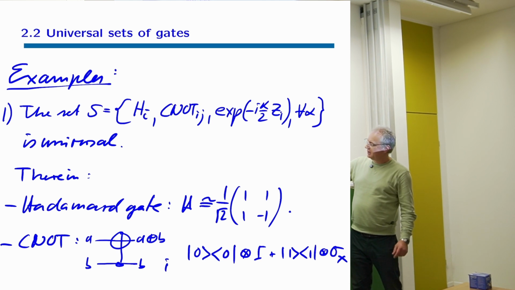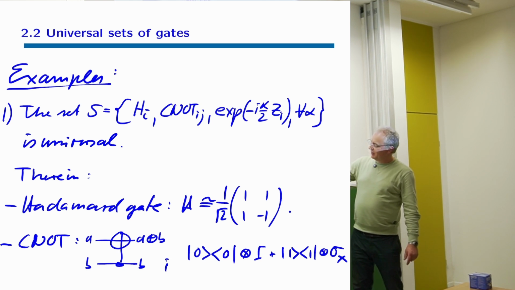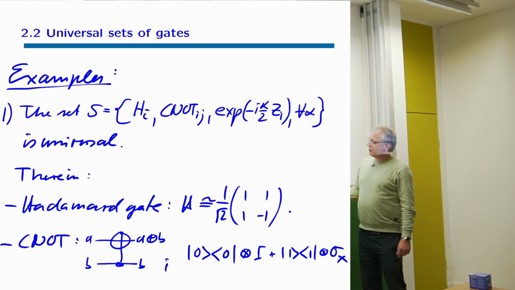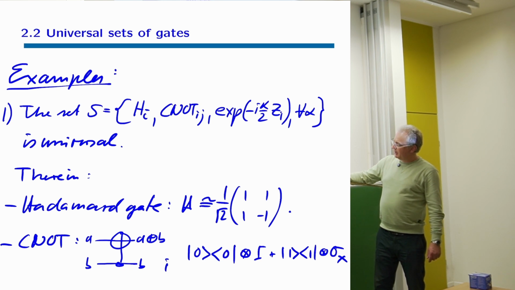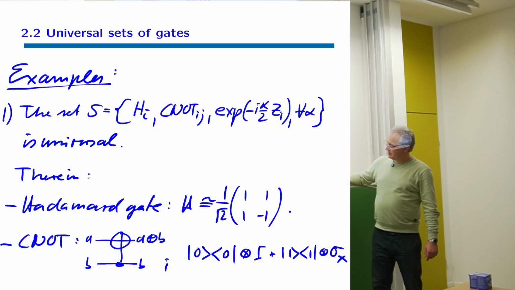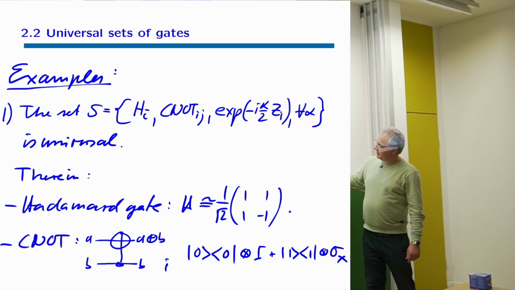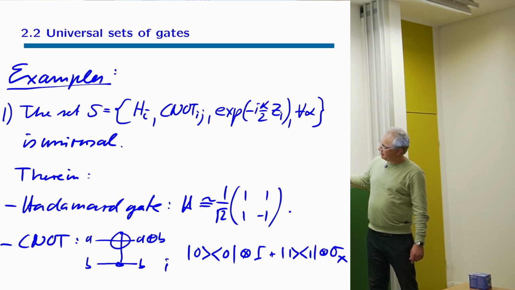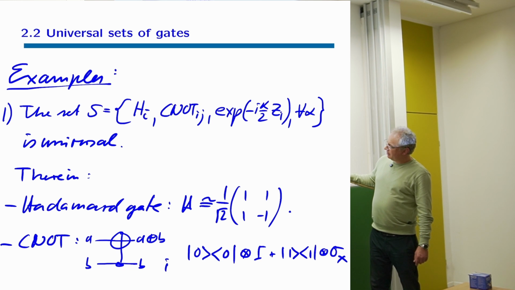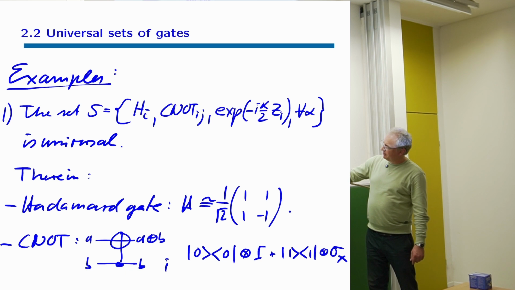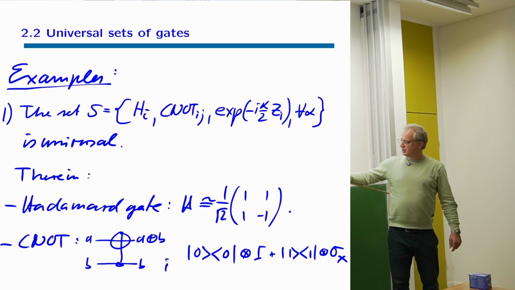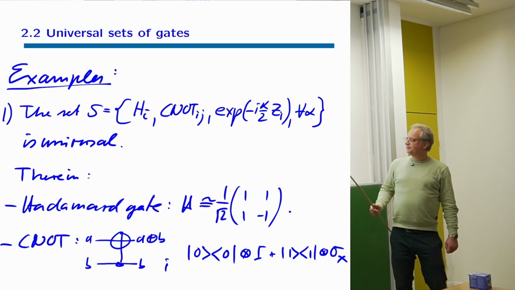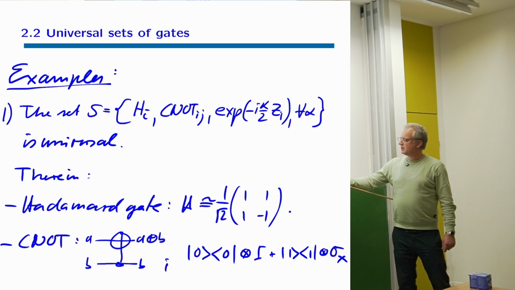So you have a basis state A that can be 0 and 1, basis state B that can be 0 and 1, and so what it does, this qubit down here is called the control, it just stays in the same state, but this qubit up here is flipped conditionally on what B is, or in other words, the value of B is added to the value that's already in it, modulo 2. So this symbol here, the plus in a circle, this is addition modulo 2. Okay, so that's what happens.